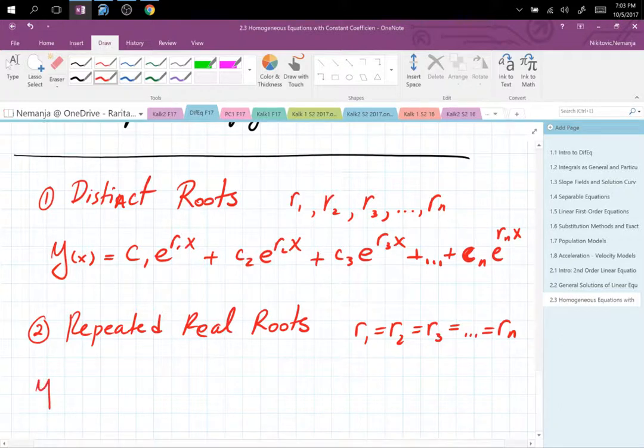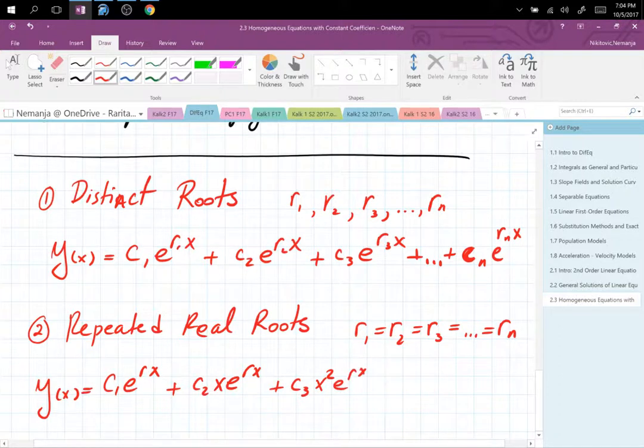So the solution is y of x is equal to c1 e to the Rx, because all of these are actually R, plus c2 x e to the Rx, plus c3 x squared e to the Rx, plus dot, dot, dot, plus cn x to the n e to the Rx.